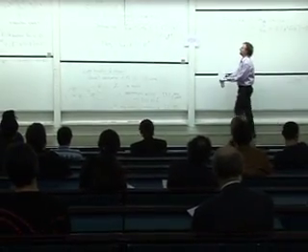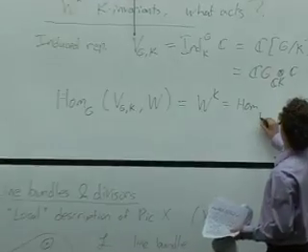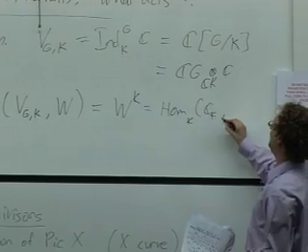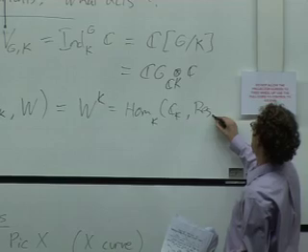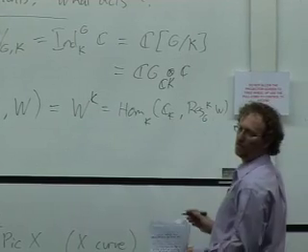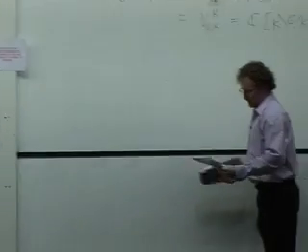So this is Hom_K from the trivial representation of K to the restriction to K from G to K of W, which are invariants. So maybe let me leave that as an exercise.